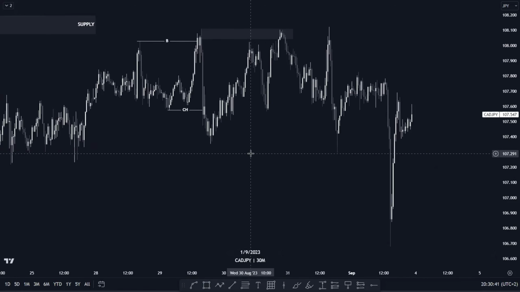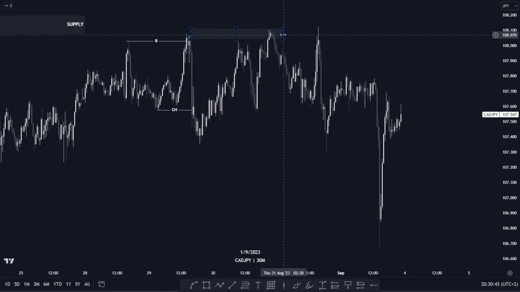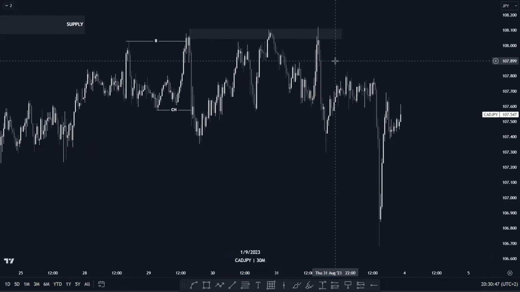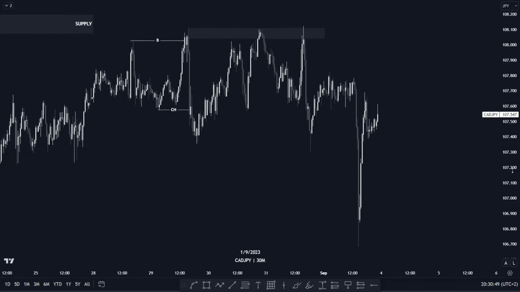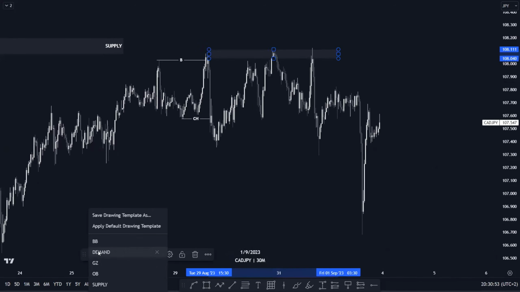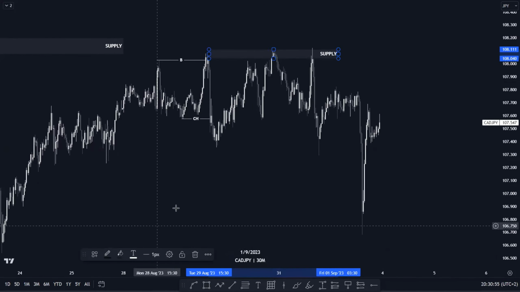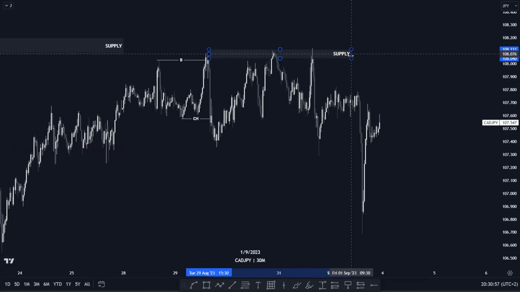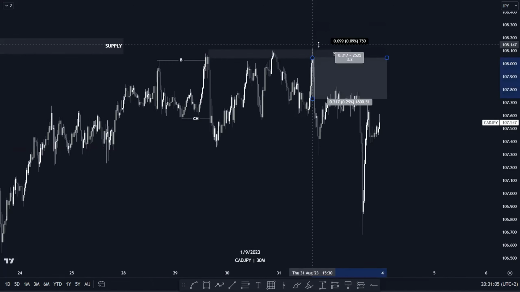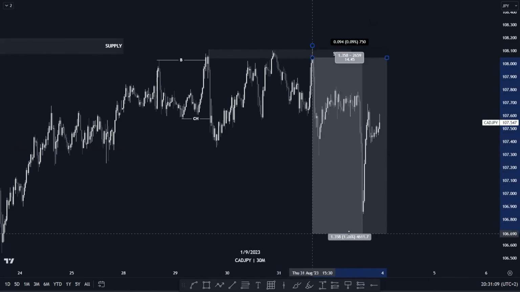As you can see there, price mitigated it, not once but twice, but the second time it mitigated, it just spiked our stop loss and pushed to the downside. Hence why I always suggest that you put your stops maybe 5 pips just above your main stop loss. So just put it here, 5 pips just above your stop loss.